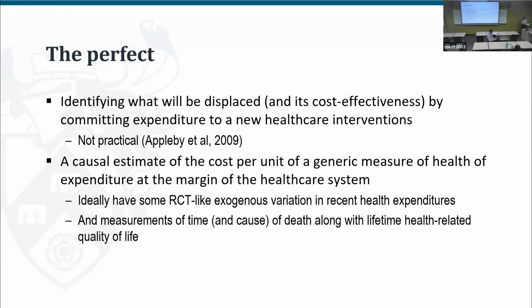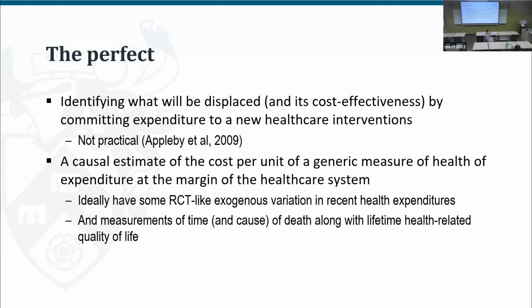Thirdly, health expenditure at the individual level does not always exist. Perhaps resource use and unit cost might be available, but even so, highly sensitive and difficult to obtain. And likewise, health data, including time and cause of death. And fourth, measures of health-related quality of life actually are not that common.